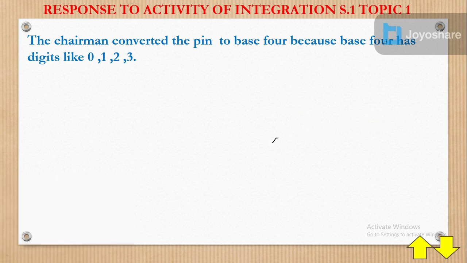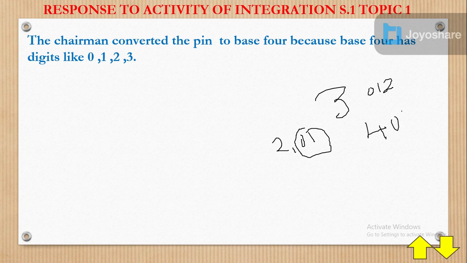So in base 2 you have 2 digits, 0 and 1. Then when it comes to base 3, we have 0, 1, 2. It ends there. Then when it comes to base 4, we have 0, 1, 2 and 3. So these are the values in base 4. That's why we're saying that the chairman converted the pin to base 4.